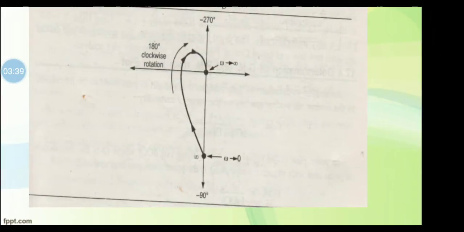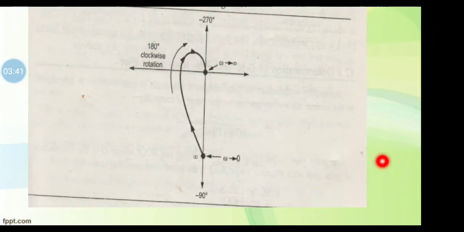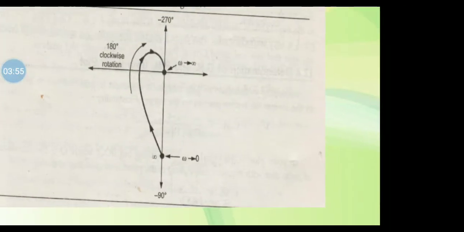So when ω is 0, the magnitude is infinity and the angle is −90 degrees. This is the point locating the starting point, ω = 0. Next, when ω is infinity, the magnitude is 0 and the angle is −270, which will be this point.